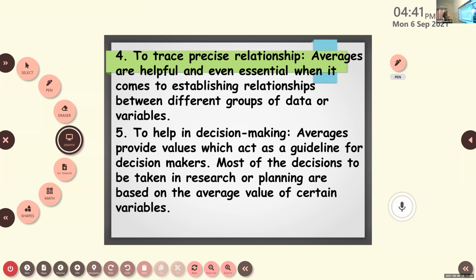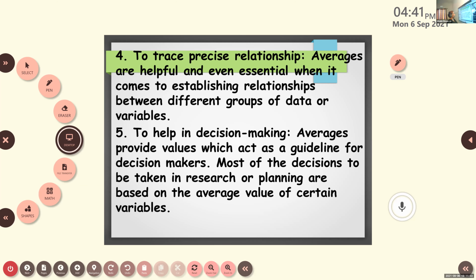Another one, it will help us to understand the relationship in a clear manner. It is very much helpful for understanding the relationship between different groups of data or different groups of variables. So we can have a comparison to get a clear idea about the relationship between different groups of data.